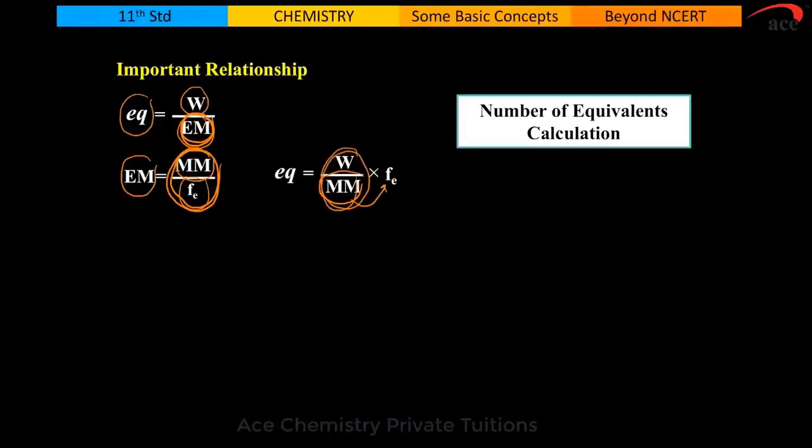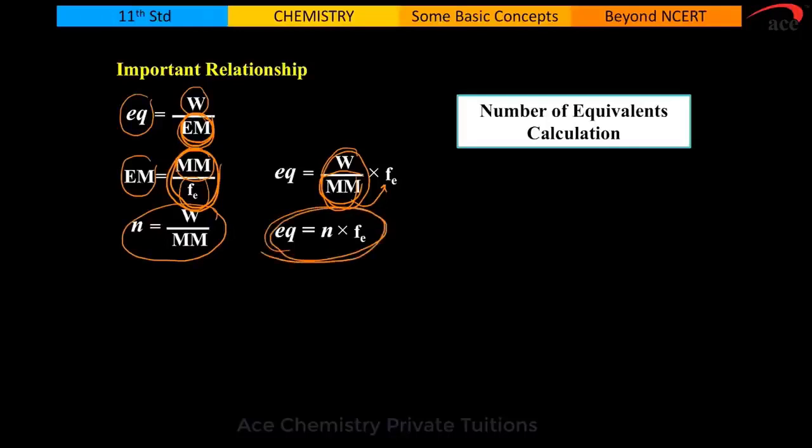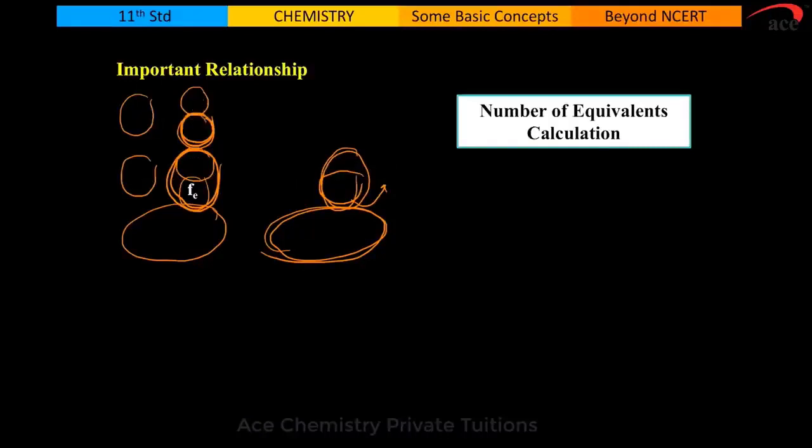Can I say it is mass divided by molar mass over factor? The factor will go up. Have you seen this? Mass by molar mass is nothing but number of moles. So, number of gram equivalents can be written as number of moles multiplied by factor.